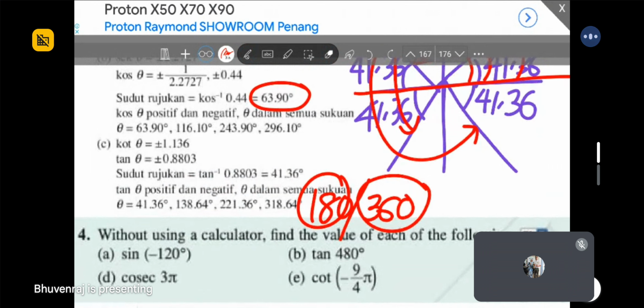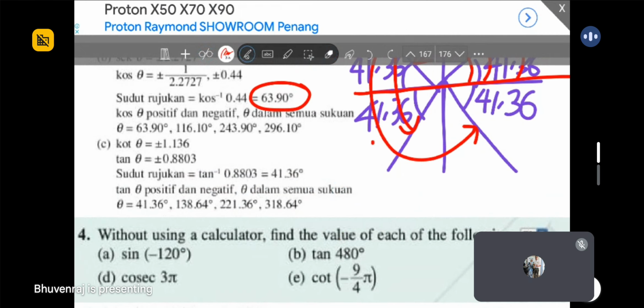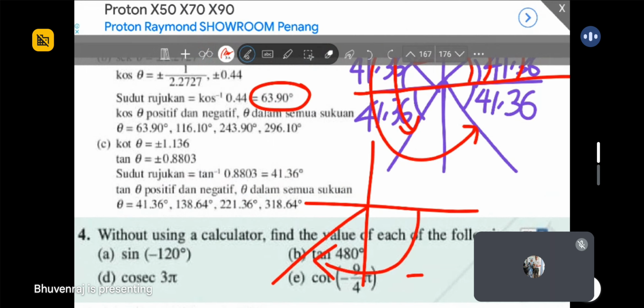So sin negative 120, you can think of it as negative sin 120. Because if negative 120 is over here, this is the angle. The reference angle is still 60 degrees.